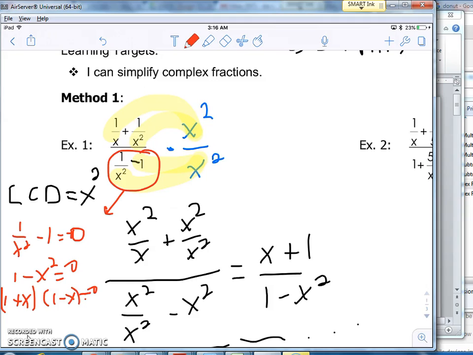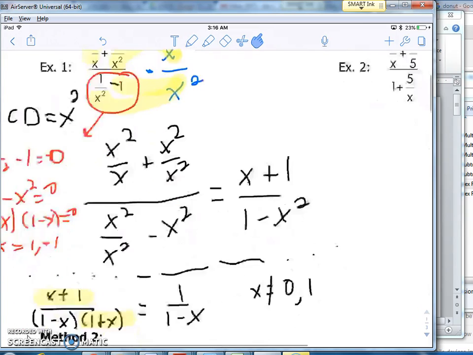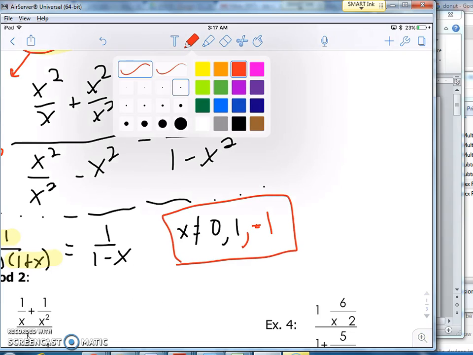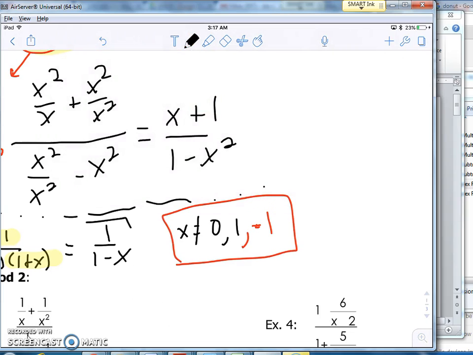And hopefully at this point you can see that x is 1 or negative 1, which, since we're finding restrictions back in our original problem, we're going to say x cannot be 1, and x cannot be -1. So we found that little third restriction there. Okay, so restrictions and answer.